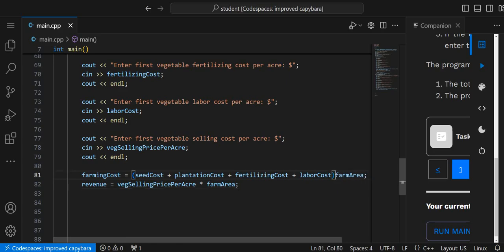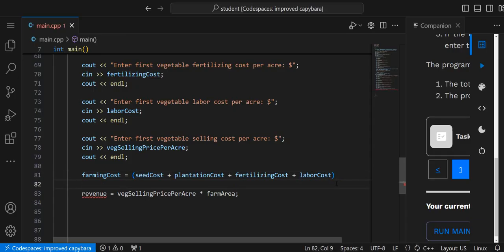Check this out. Okay. And revenue. Actually, we did need that. So let's do it like this then. Go here. Times farm area.